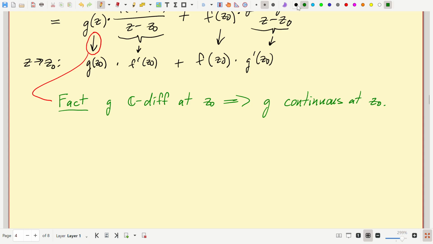Why is that fact true? By the way, this is the formula we're after for the product rule, and let me show you why this fact is true. The difference quotient, I like to use dq for that, is G of Z minus G of Z naught over Z minus Z naught.